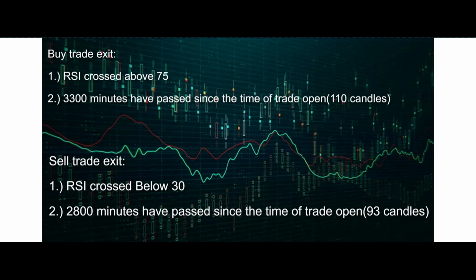And if you enter at a really good place, but you are not prepared with an exit strategy, you still blow your account. So exit strategy is actually more important than entry strategy.